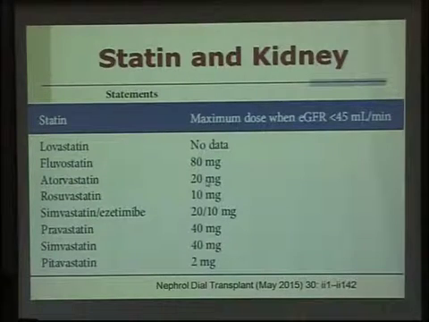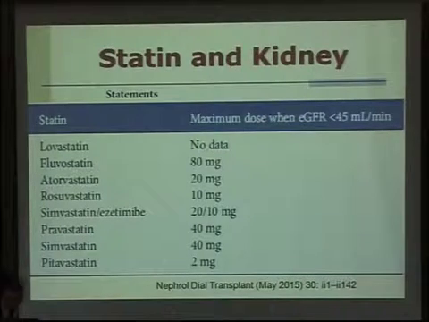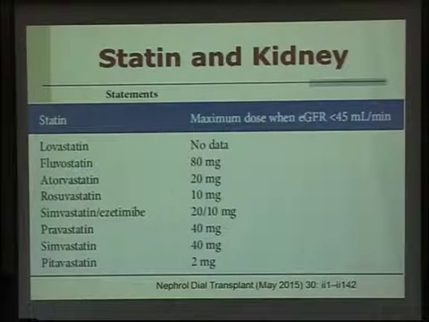So don't listen to the company to increase the dose to 80 milligrams. 80 milligrams is for the general population. But for patients with CKD stage 3B, 4 or 5, the maximum is 20. So if I start with 10, and then increase to 20, this is the maximum dose.